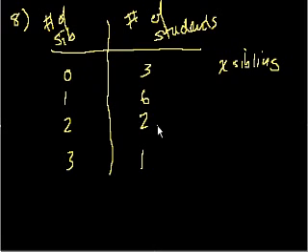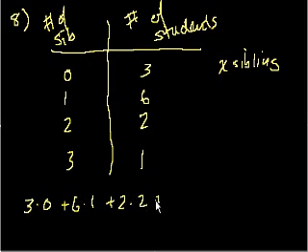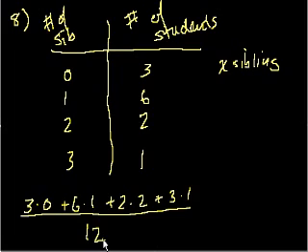So what is the average number of siblings per student? We just add the number of siblings for all of the students, so we should get 12 terms. We can multiply 3 times 0, because there are 3, plus 6 times 1, plus 2 times 2, plus 1 times 3, divided by 12. This is the current average of siblings per student.